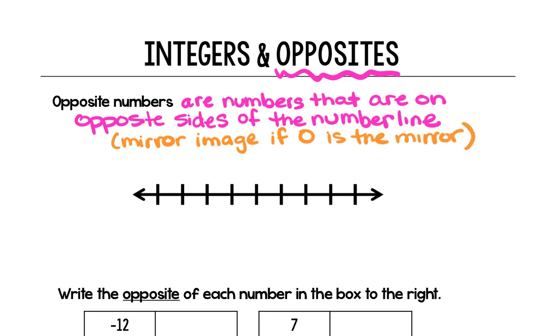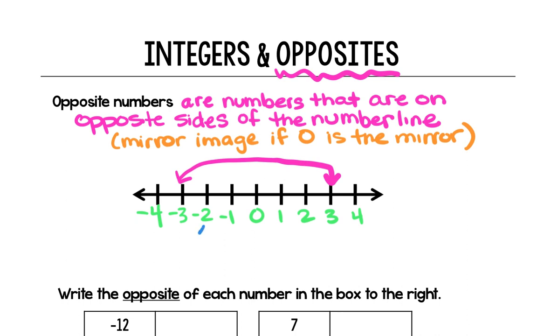For example, we have a number line here. I'm just going to do 1, 2, 3, 4, -1, -2, -3, and -4. So we have, use a different color here. The opposite of -3 is +3. The opposite of -2 is 2.